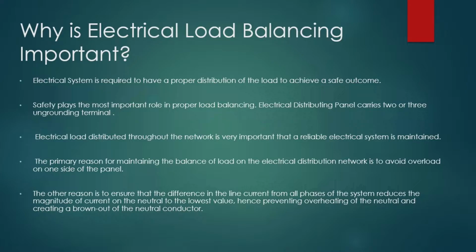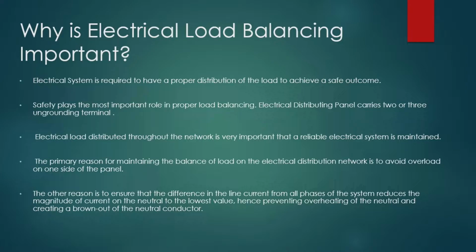With electrical loads distributed throughout the network, it is very important that a reliable electrical system is maintained. The primary reason for maintaining the balance of loads on the electrical distribution network is to avoid overloading on one side of the panel. Can you imagine stacking up all the loads on one panel?